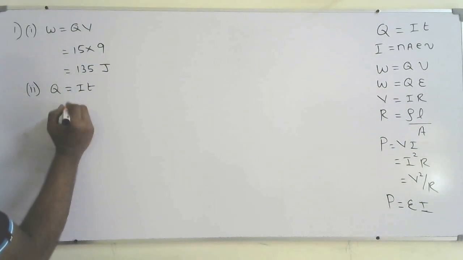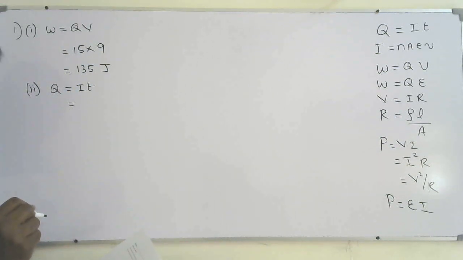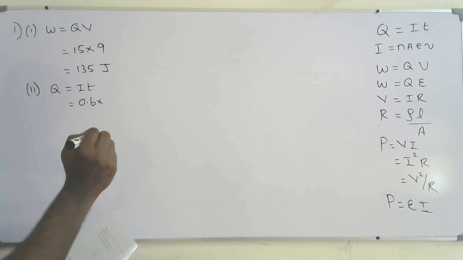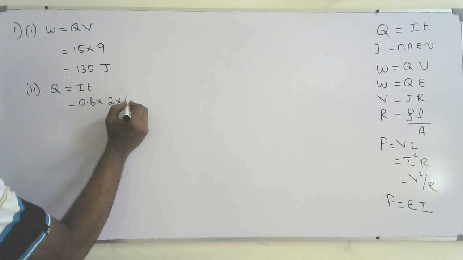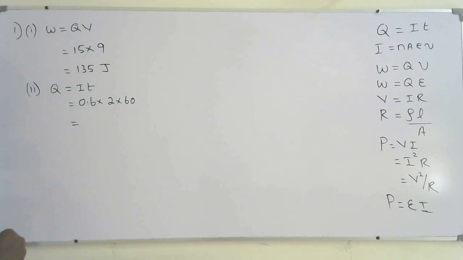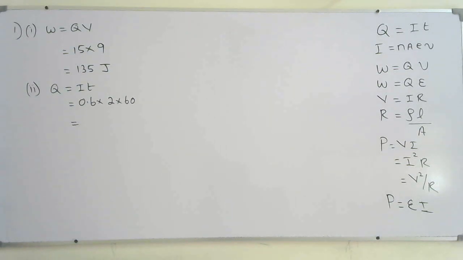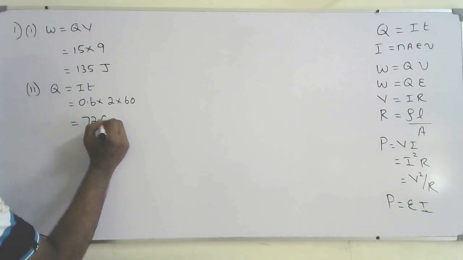Q equal I into T. The current is given as 0.6 amperes and the time taken is 2 minutes, so 2 into 60 seconds. That will be 0.6 into 2 into 60, which is 72 coulombs. So 72 coulombs is the charge flown through it.